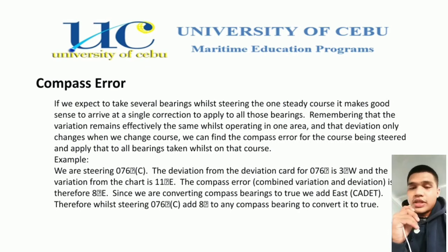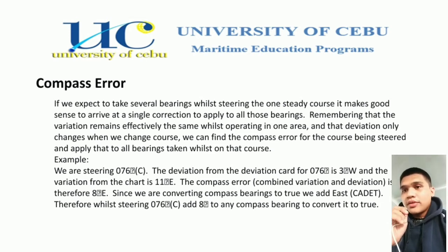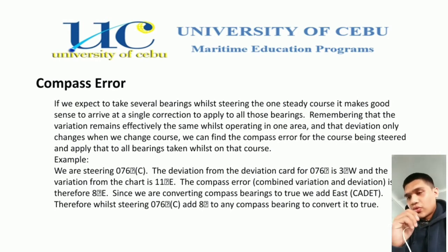Since we are converting compass bearing to true, we add east. So therefore, wheel steering is 076 degrees. Then add 8 degrees to any compass bearing to convert it to true.